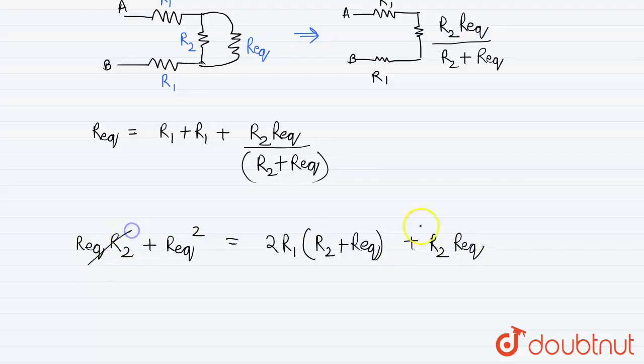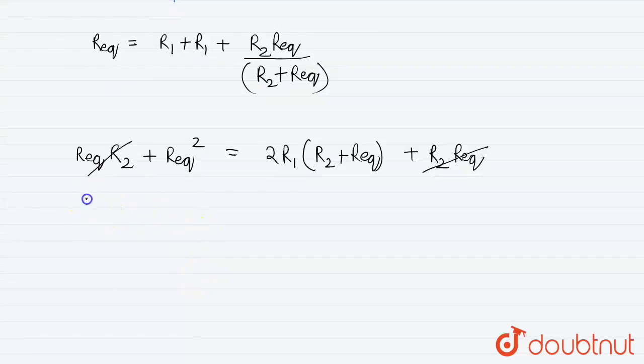So this R2 R equivalent will be cancelled from here, and our equation will become R equivalent whole squared equals 2 R1 R2 plus 2 R1 R equivalent.